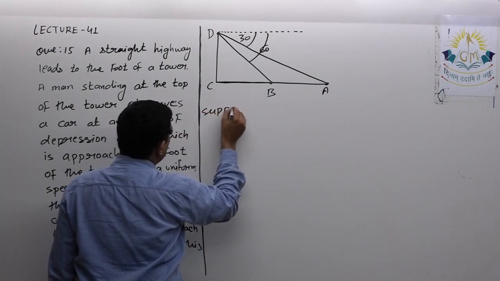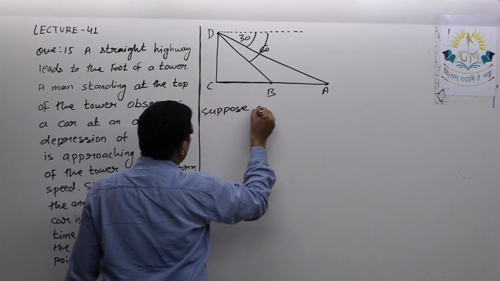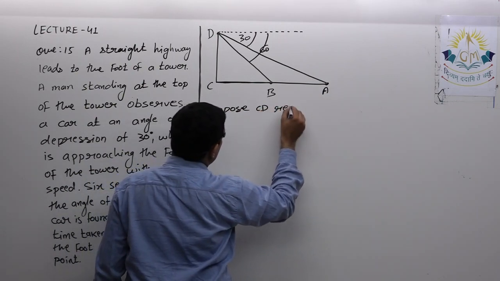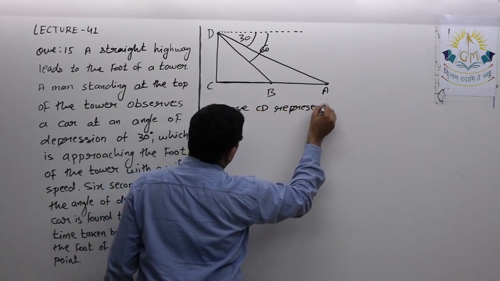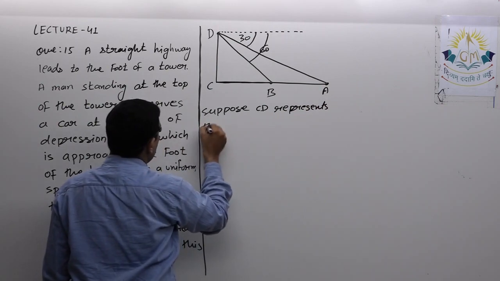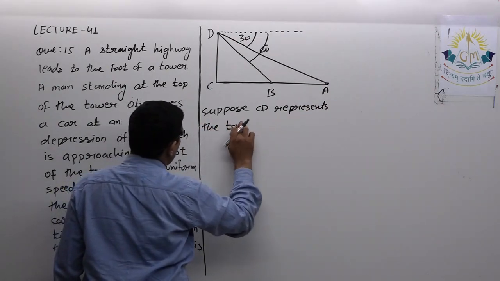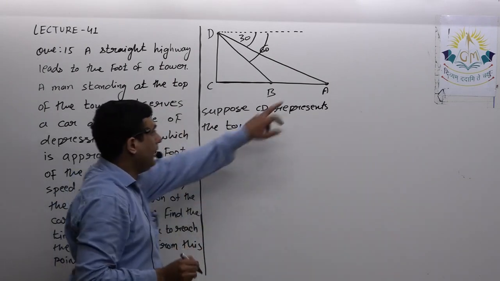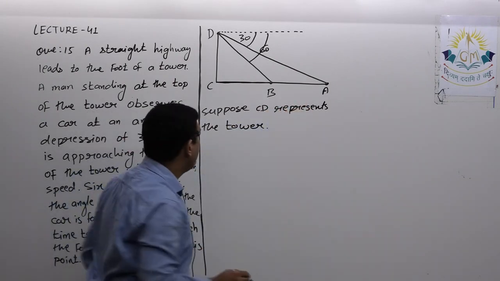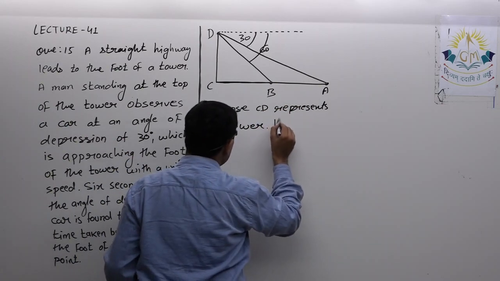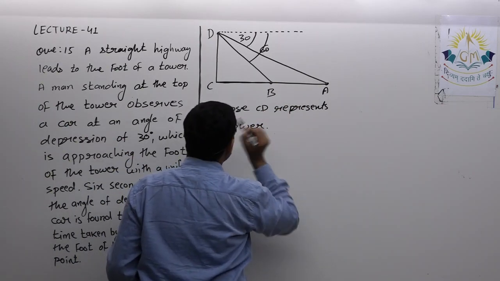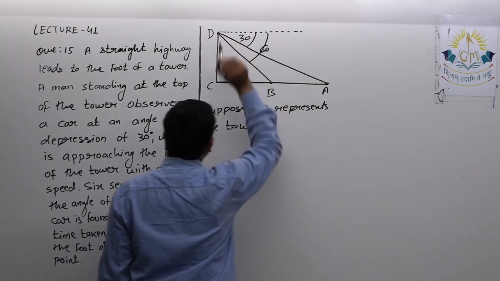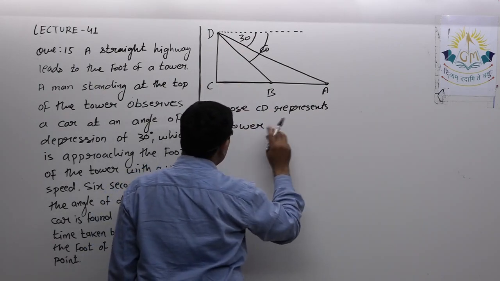Suppose CD represents the tower. Now A is the initial position of the car, and D is the top of the tower.